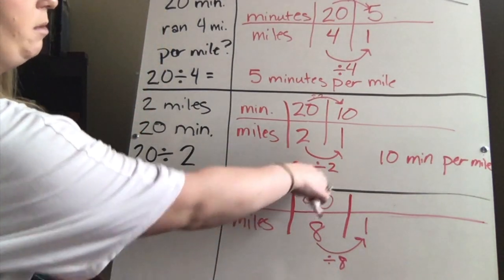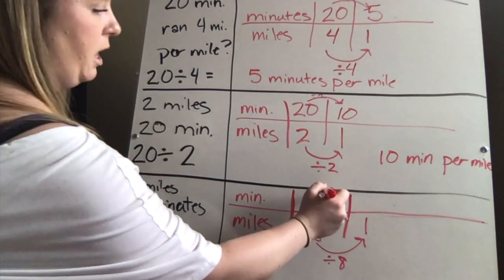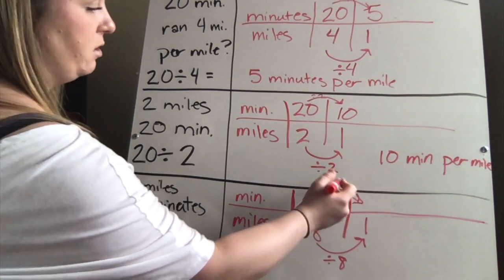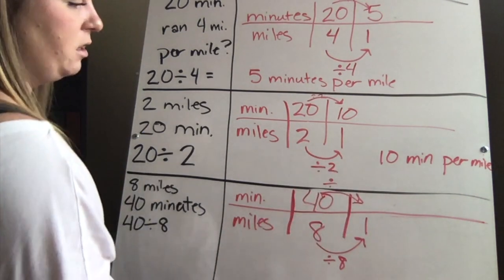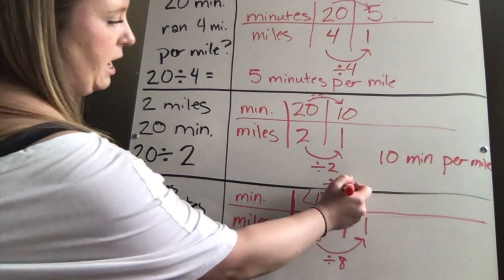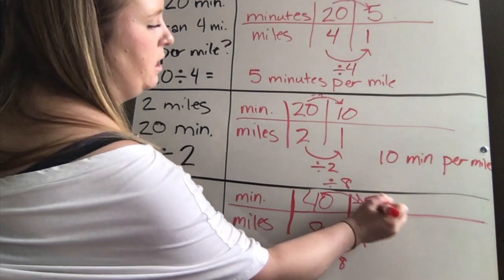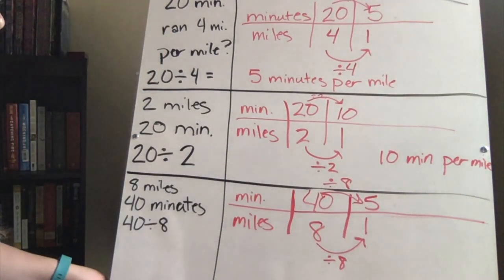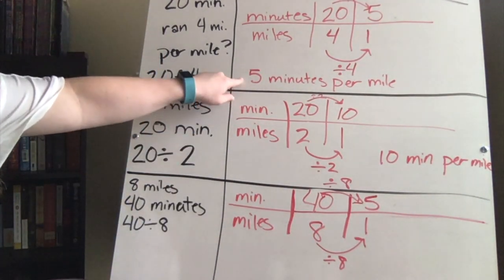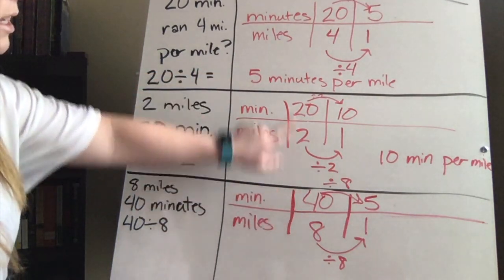Same with 2 divided by 2 and 4 divided by 4. And what I do to the bottom, I have to do to the top. So I'm going to divide 40 by 8 as well. And since I know my math facts, I know that 8 times 5 equals 40. So 40 divided by 8 must equal 5, meaning they ran 5 minutes per mile, just as they did in our first problem.